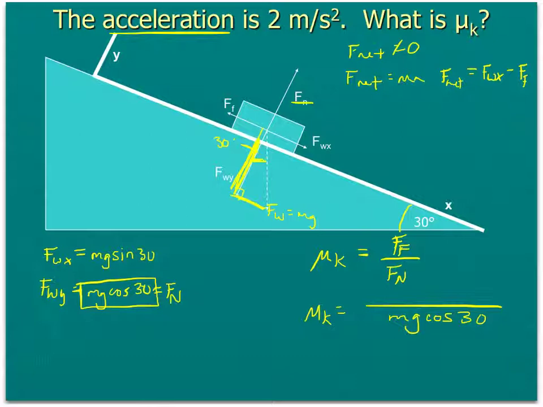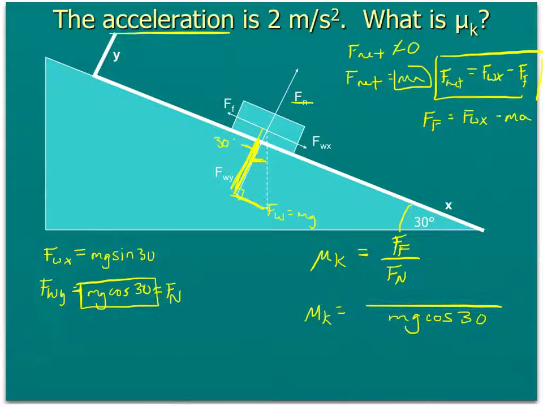If I go back up towards the top of the screen, I know I have F net, which is equal to Fwx minus the force of friction. If I rearrange that to solve for the force of friction, that's equal to my Fwx minus F net, which I can substitute ma in for.